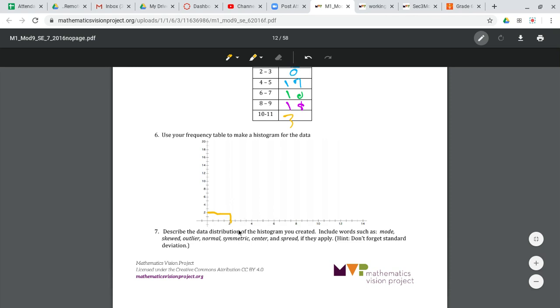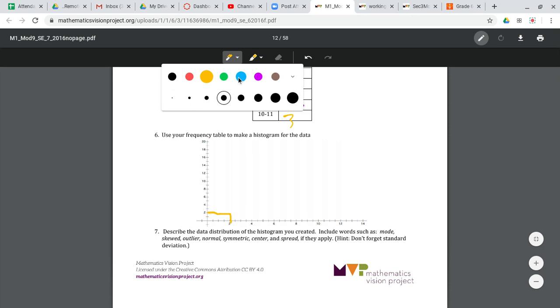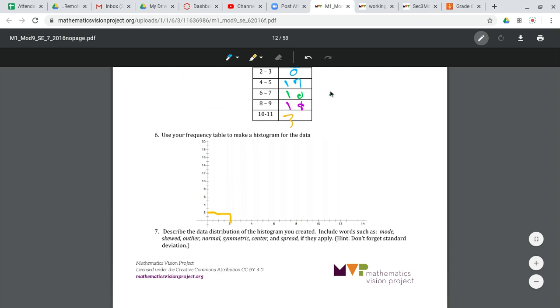For 2 to 3, there was nothing, so we'll have an open interval here. I'm going to switch my color back to blue. For the 4 to 5, we had 17. So we're going to extend this all the way up here. Sorry, my lines are so crooked.